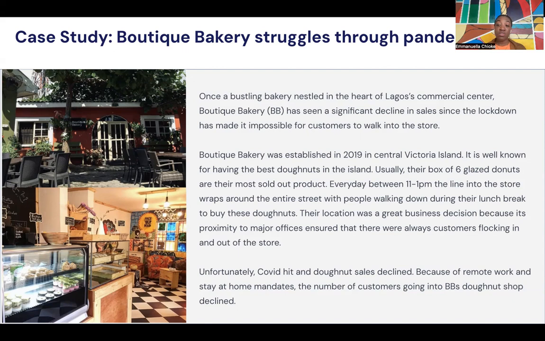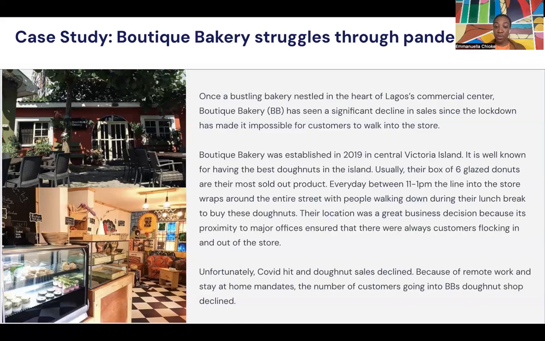Usually, their box of 6 glazed donuts is their most sold out product. Every day between 11 and 1 p.m., the line into the store wraps around the entire street with people walking down during their lunch break to buy these donuts. Their location was a great business decision because of its proximity to major offices, which ensured there were always customers flocking in and out of the store.